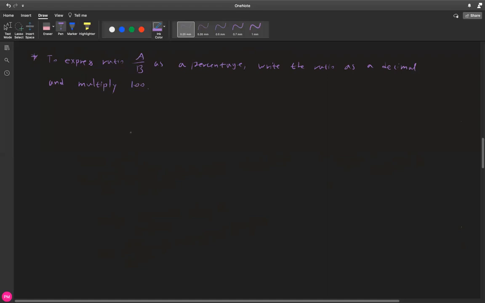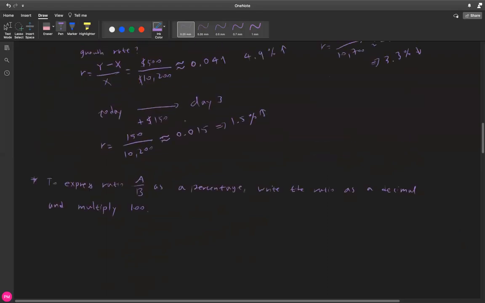That's actually what we've been doing even in the previous example. We changed the fraction or the ratio into a decimal, and we simply multiply by 100 to convert it to a percentage.